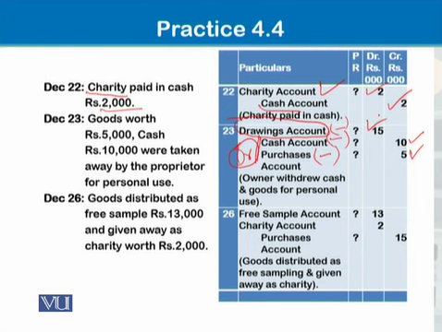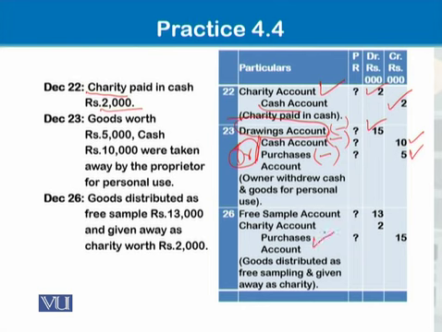Okay. Well, goods distributed as free sample and given away as charity. Remember one thing, whenever there is a reduction in purchased goods other than because of sales and purchase return, we will credit the purchases account.